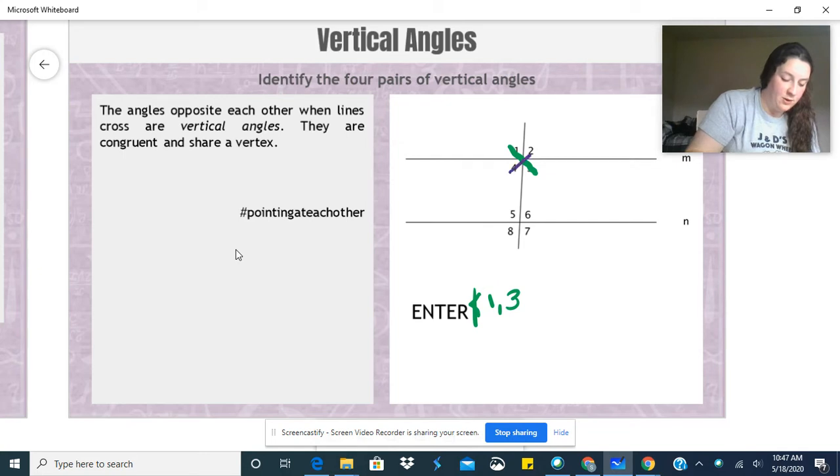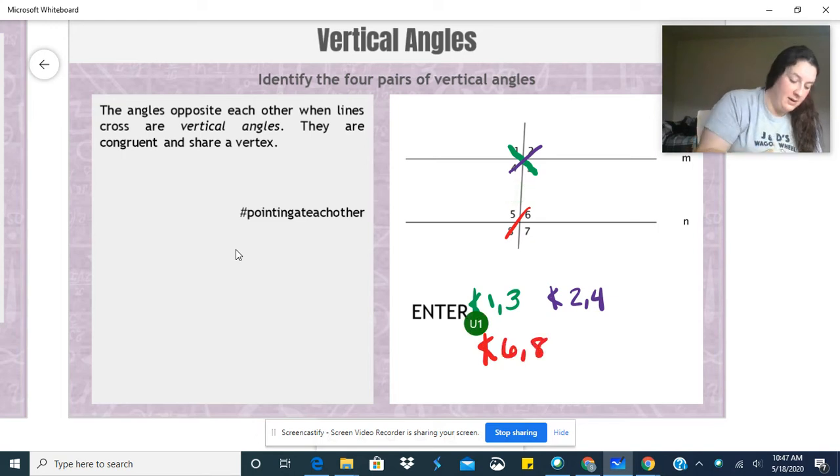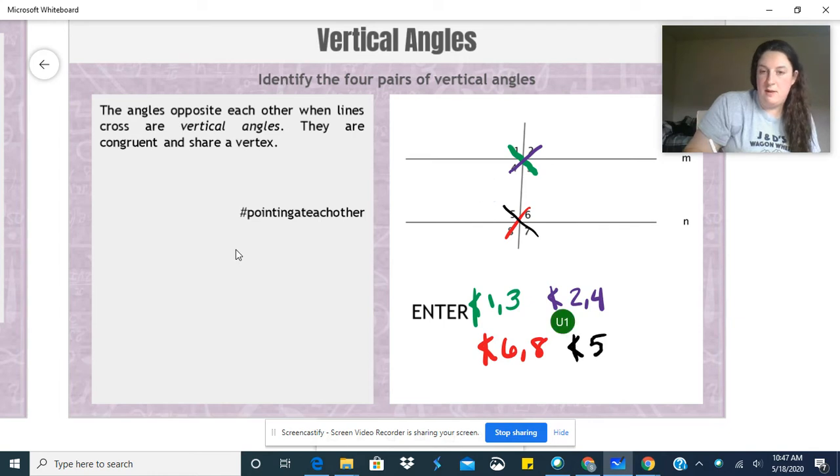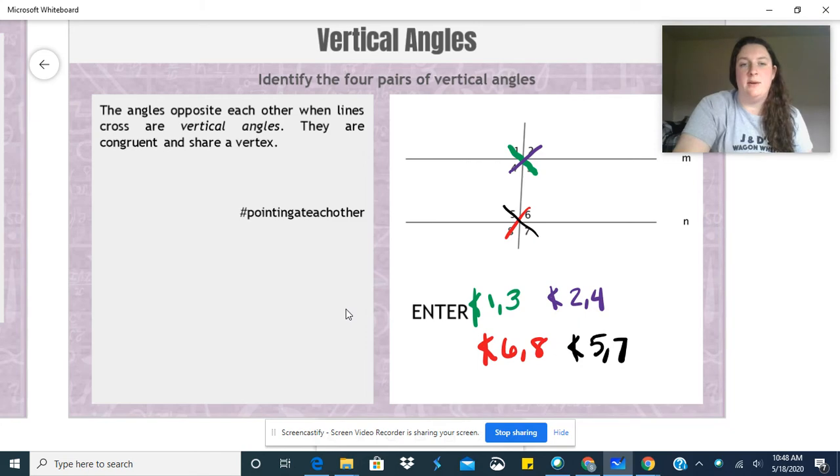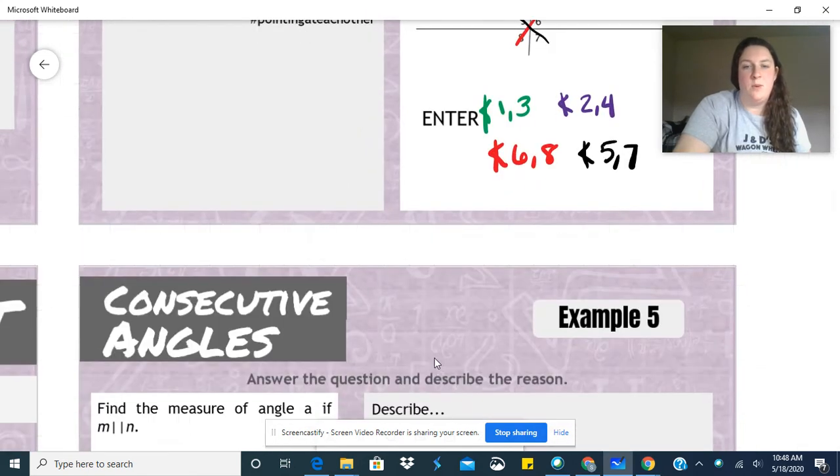Then you will have angles 2 and 4. Then you will have angles 6 and 8. And then you'll have angles 5 and 7. They are alternate exterior angles. They point at one another.